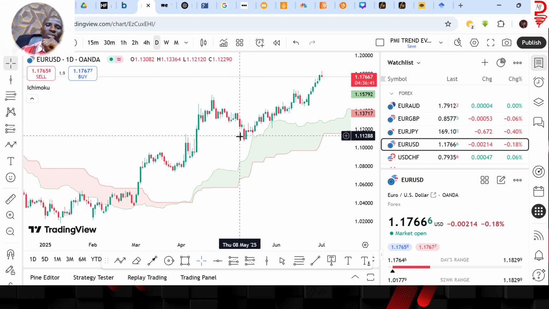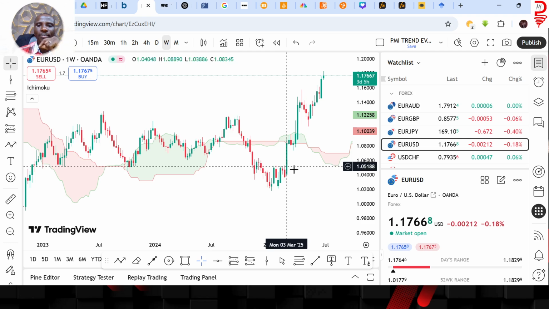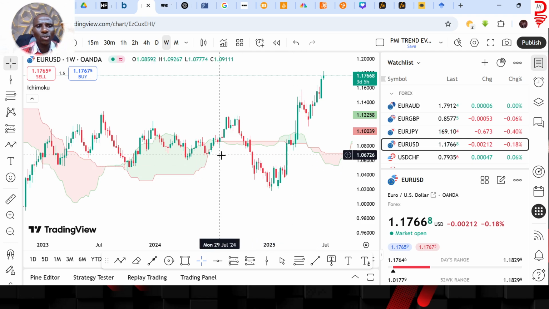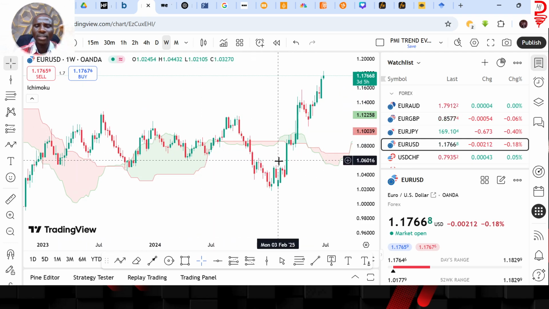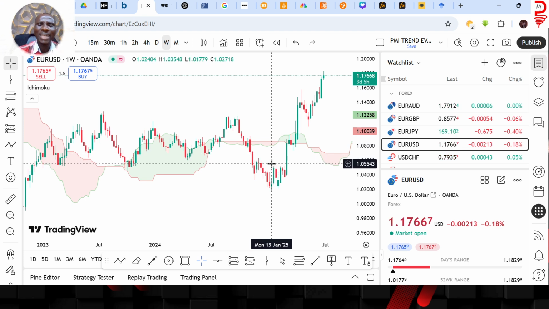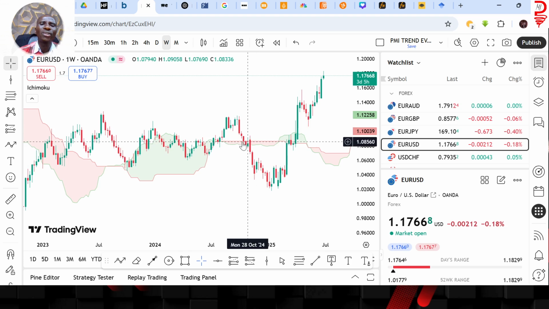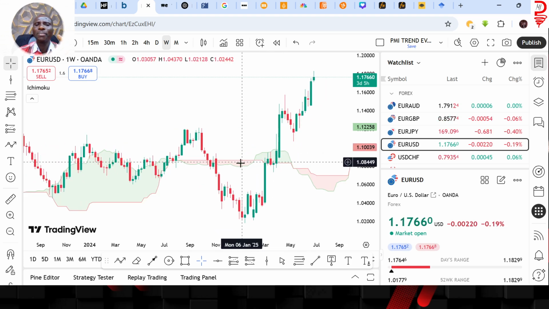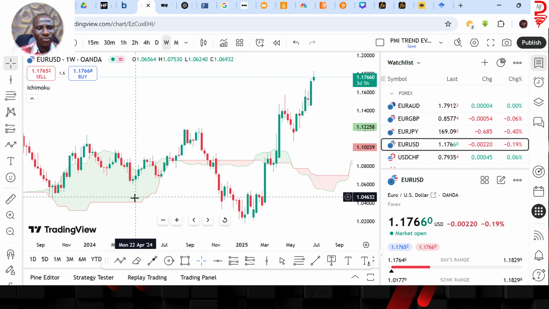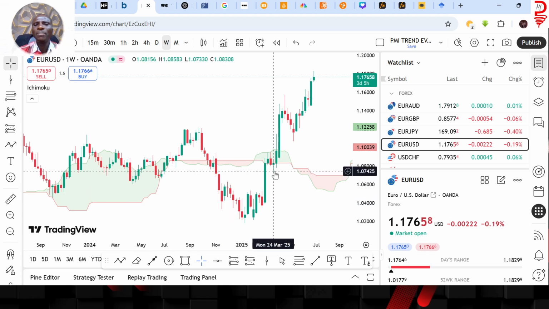Let me repeat what I've just said. Our analysis starts with directional bias. So, for instance, you want to trade EUR/USD now. You want to check the directional bias, and you have to do that on the weekly time frame. You are doing this with a free tool, so you are not analyzing anything. How do you know? Immediately you open your chart and activate this free tool, you check if the price is above the cloud.